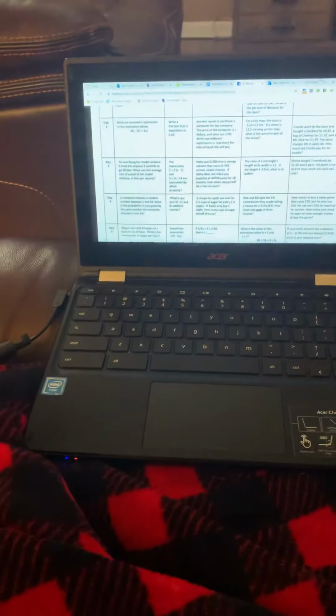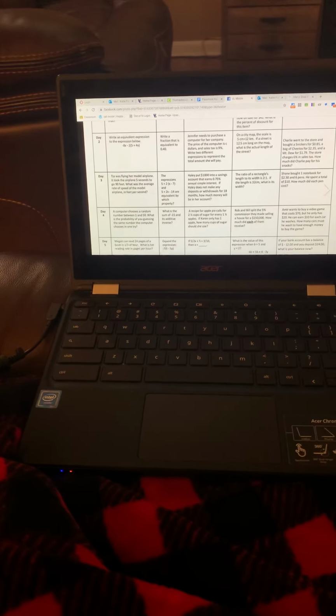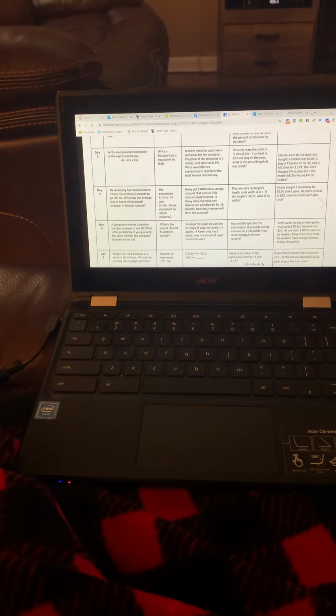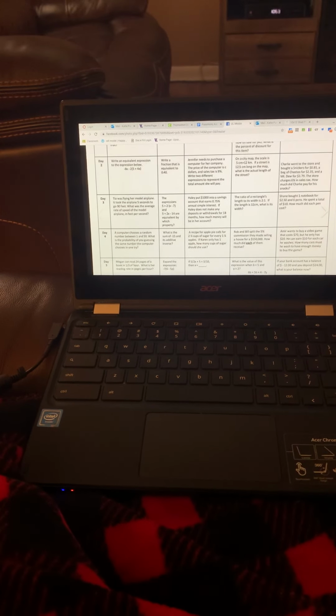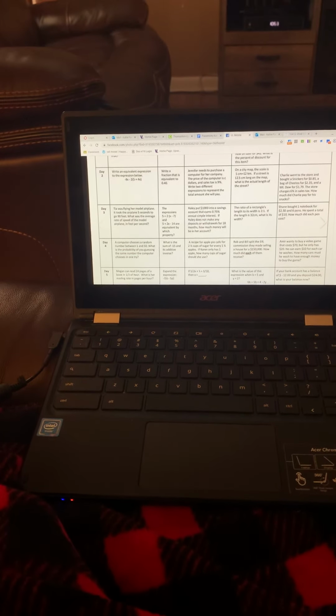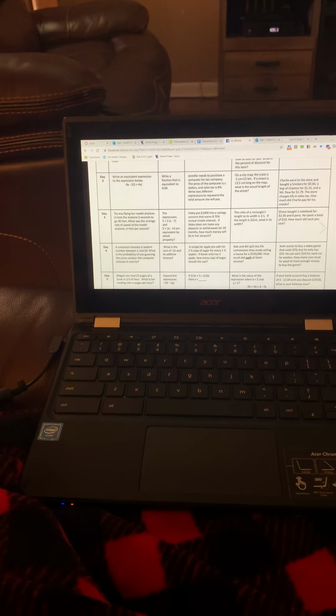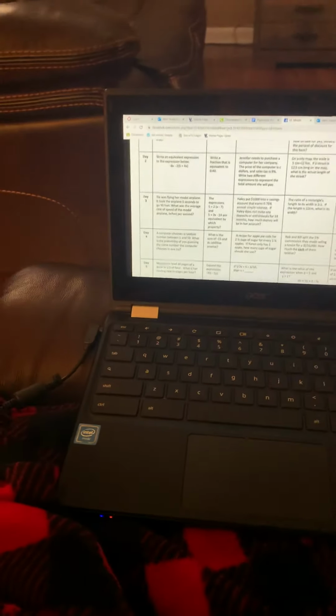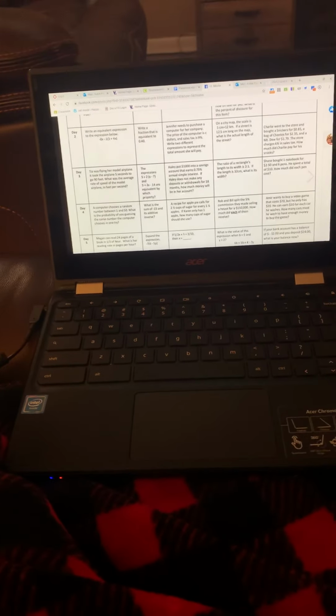Number one says, Tia was flying her model airplane. It took the airplane 5 seconds to go 90 feet. What was the average rate of speed of the model airplane in feet per second? What immediately jumps out at me with this problem is a ratio.